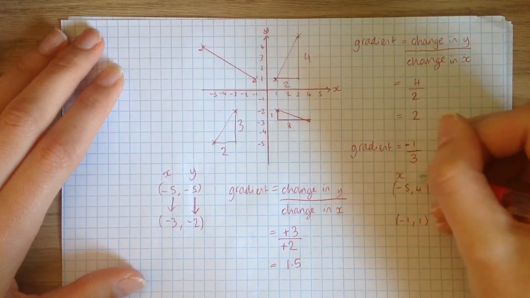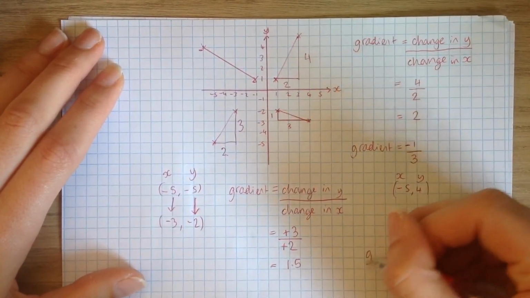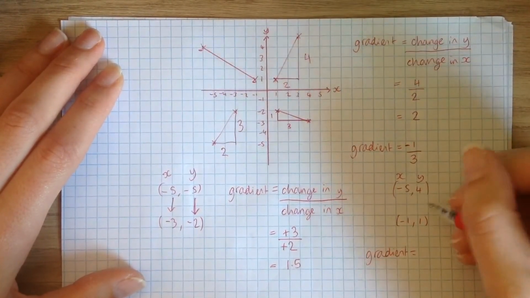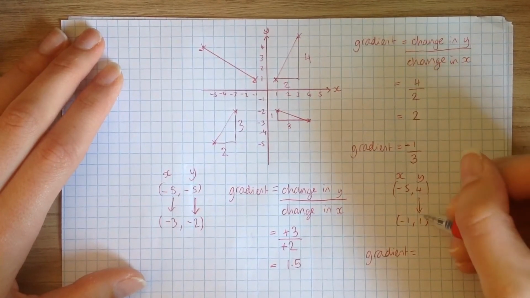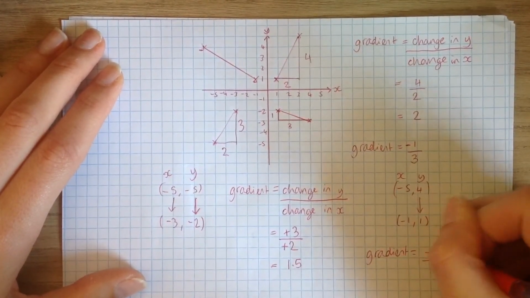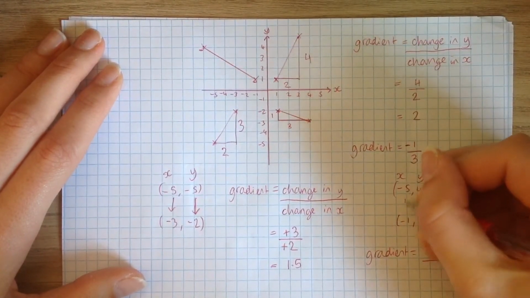Okay, this is my x, this is my y. To find my gradient, I do my change in y, 4 to 1. Well, that's going smaller. That's -3. It's going down 3.